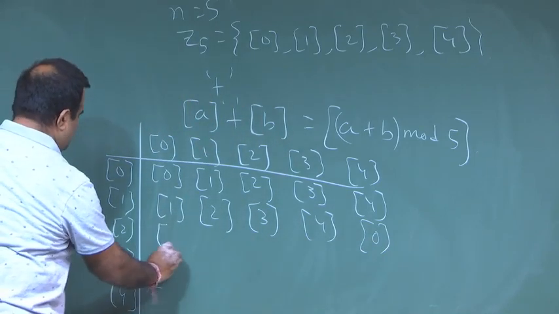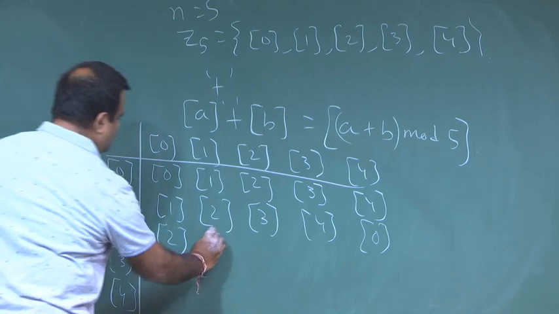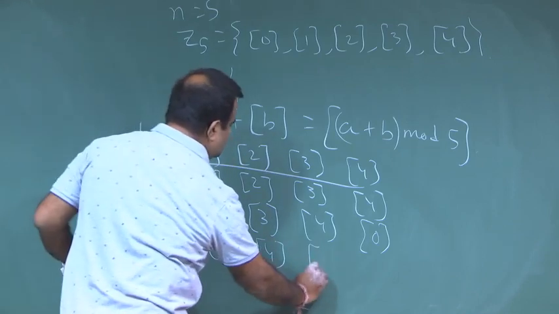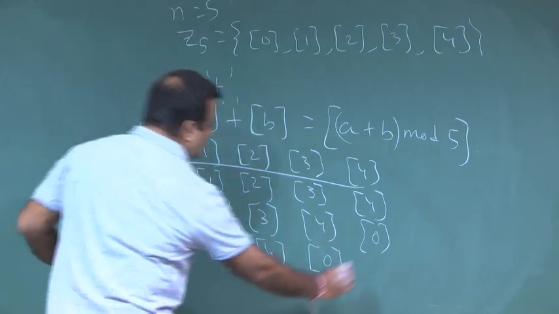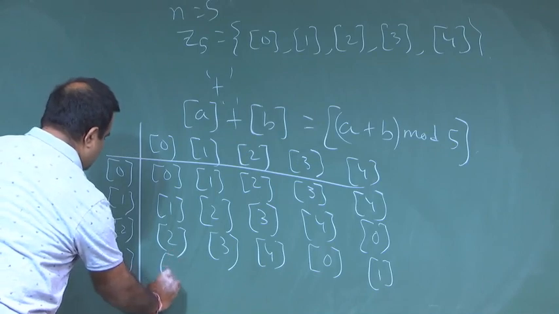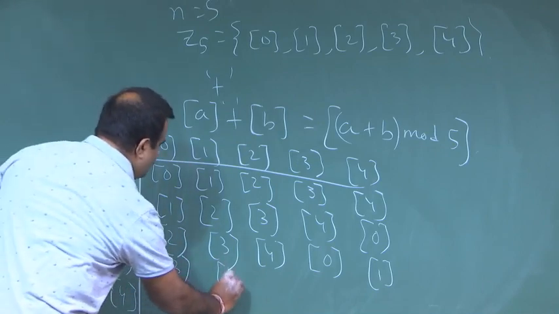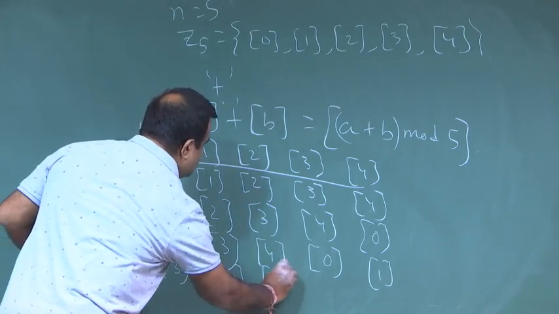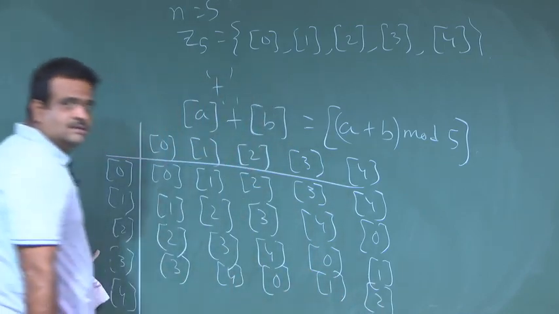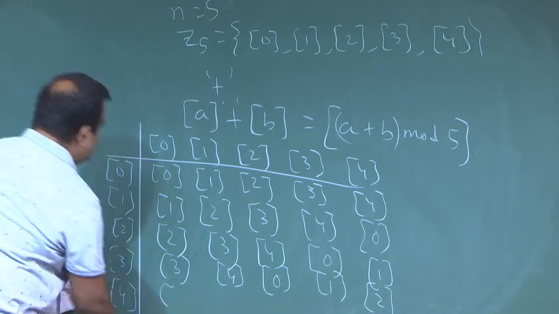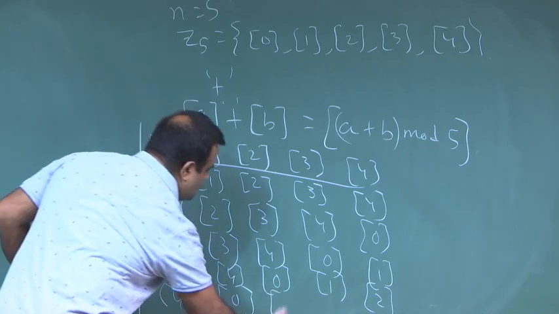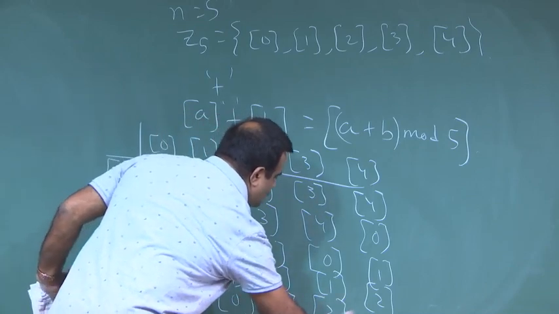Then this is 2, this is 3, this is 4, then again this is 0, then this is 1. So then this is 3, this is 4, this is 0, this is 1, this is 2, like this. So, the last one is 4, 0, 1, 2, 3.